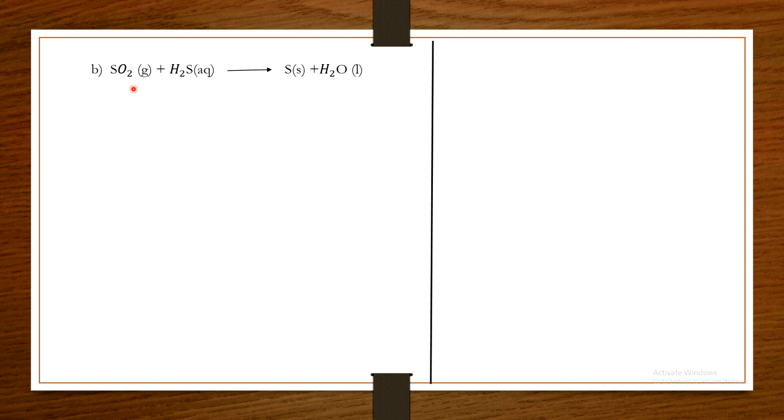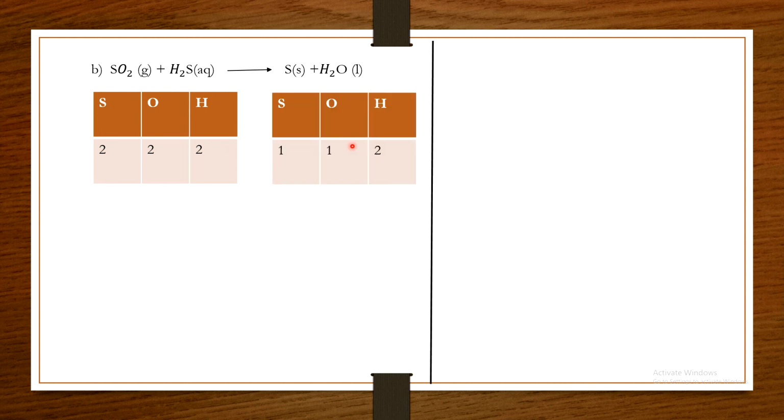Here on the reactant side, we first write the number of sulfur, oxygen and hydrogen atoms. It contains S plus S, that means 2 sulfur atoms, 2 oxygen atoms, and 2 hydrogen atoms. Now on the product side, sulfur is 1, oxygen is 1, and 2H2 means 2 hydrogen atoms. So we have to balance this.